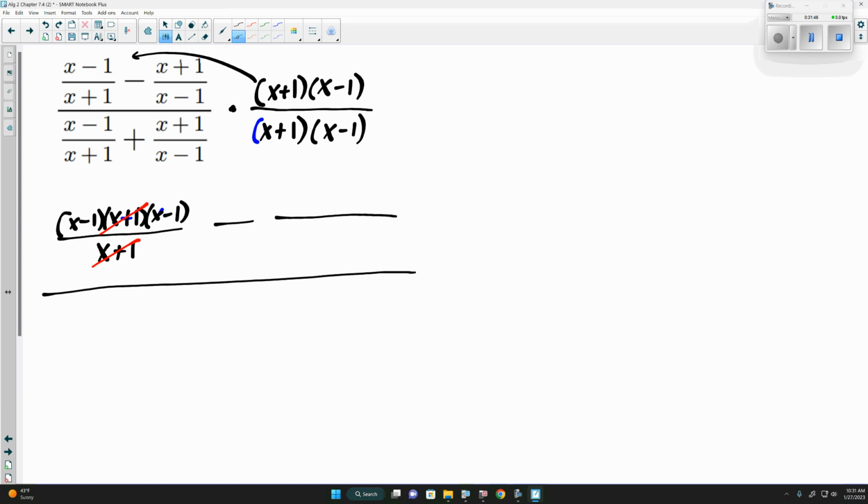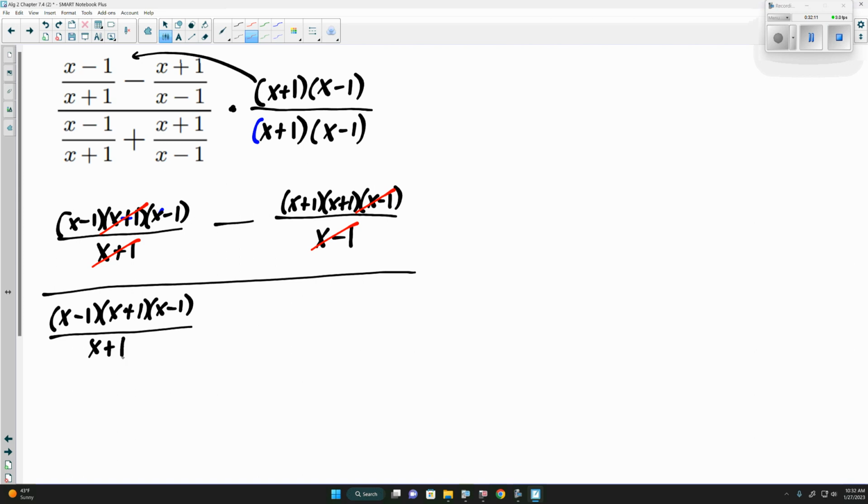In the second one, we have x plus 1 times x plus 1 times x minus 1 over x minus 1. Well, we know the x minus 1 and x minus 1 will cancel out. Now in the denominator, we'll have x minus 1 times x plus 1 times x minus 1 over x plus 1.